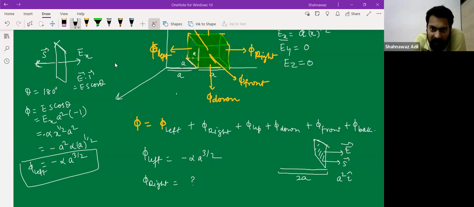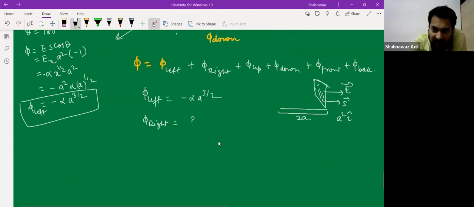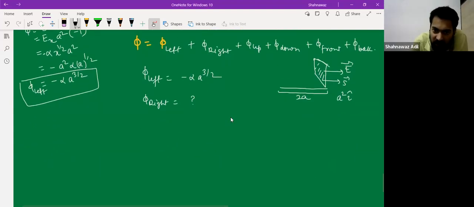Okay. So let us understand this problem. We have to calculate phi right. So phi right is this one. So this is the surface area, and this is the distance. X is 2a. This is the distance from the X. And we know how Ex is varying.